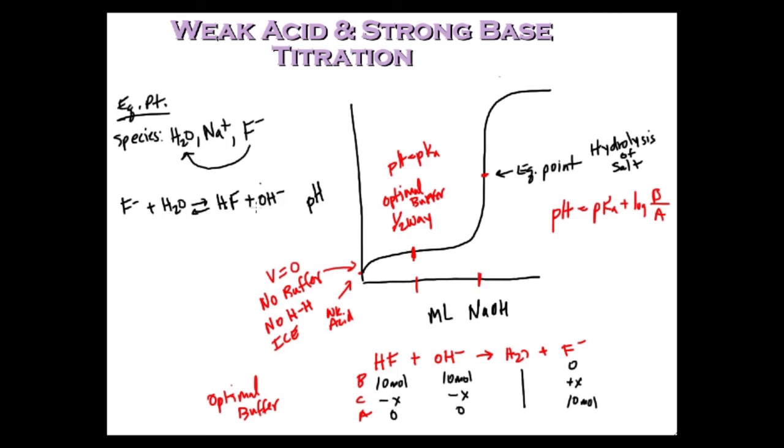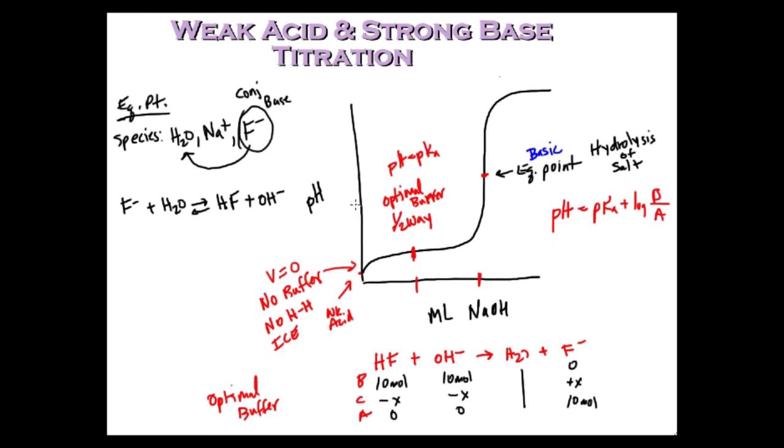So it's going to make it basic. Did everybody see that? Hopefully you can kind of see what I'm talking about here. At the equivalence point, because I have that fluoride ion left over, and it's a conjugate base, it's going to take that hydrogen ion, it's going to create a base. So when we get to the equivalence point here, our equivalence point is basic.